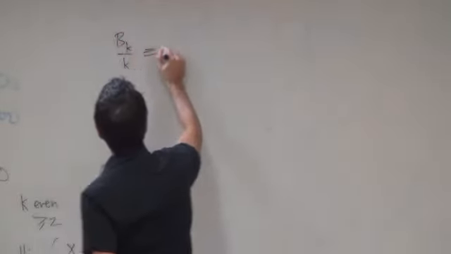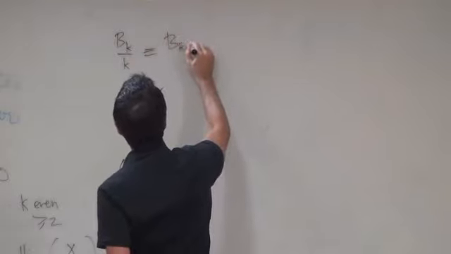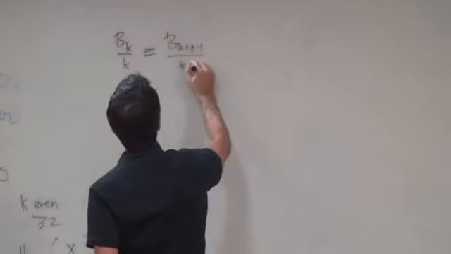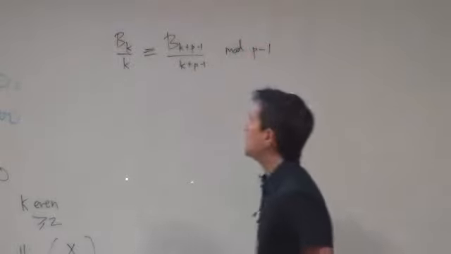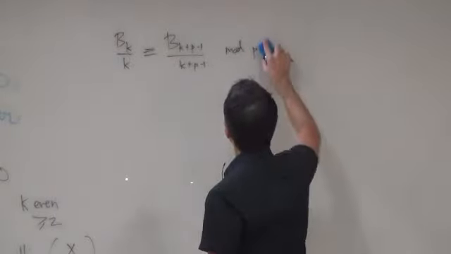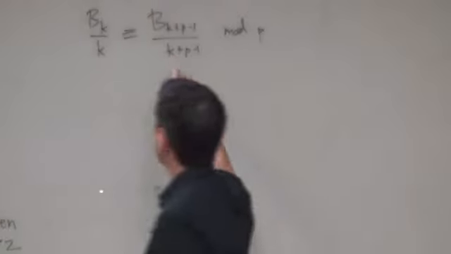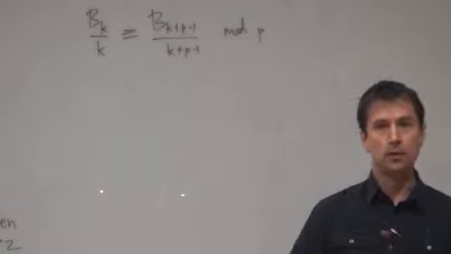Actually, there are various congruences, Kummer congruences, between these Bernoulli numbers. For instance, B_k over k is congruent to B_{k+p-1} over k+p-1 mod p. So to say that p divides the kth Bernoulli number over k is to say that it divides this one, and conversely.